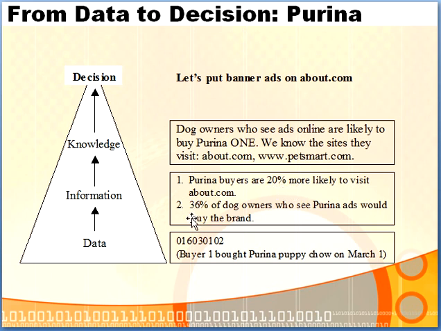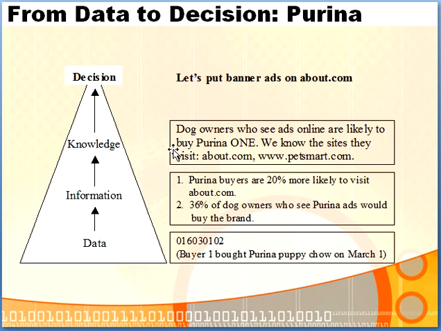And then it also shows that 36% of the dog owners who see Purina ads would buy the brand, as I mentioned to you in the previous slide. Now, this was a good information. Both of that is a good information. Based on that, then they moved upwards to the knowledge.